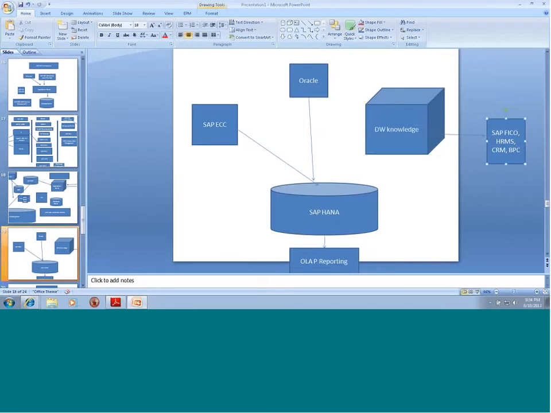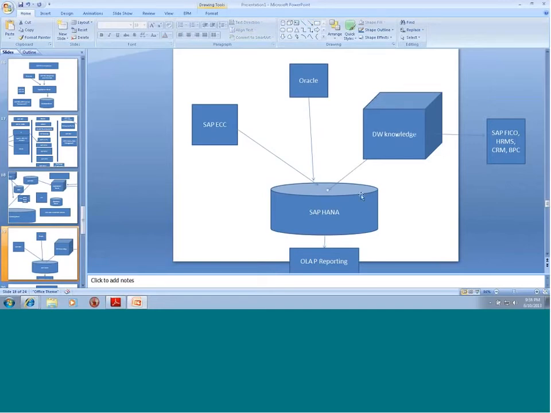Now with this information, I am working on SAP HANA. I am doing a proof of concept of the SAP HANA system, where I don't have to spend much time understanding the SAP HANA system. I already have a very good knowledge about my data warehousing tool. All I'm doing is applying that information on the SAP HANA system.